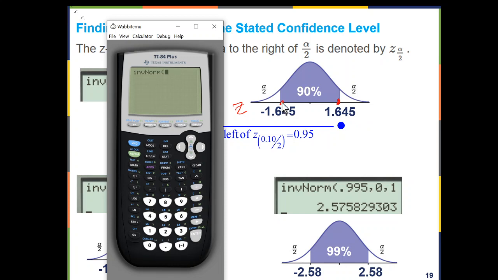So we put 5% in decimal. And the mean and standard deviation for the standard normal distribution is 0 and 1. And you see it's negative 1.645.